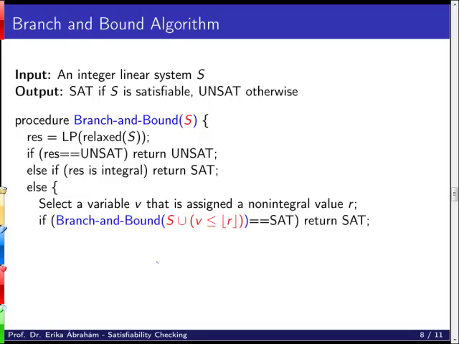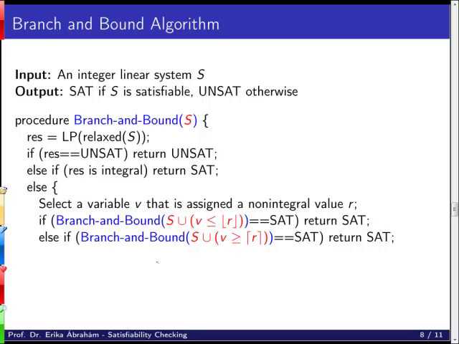I add the constraint that now I search first for the left half space, which is below the largest integer below the current value, and if I find a solution there, then it is okay. If there is no solution, then I bound and search the other half space. If there is a solution, then I am also done. And if there are no solutions in both half spaces, then the problem is proven to be unsatisfiable.